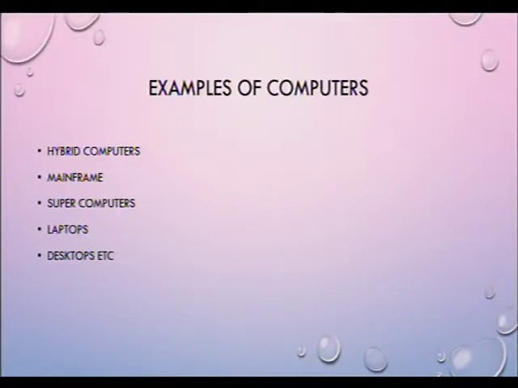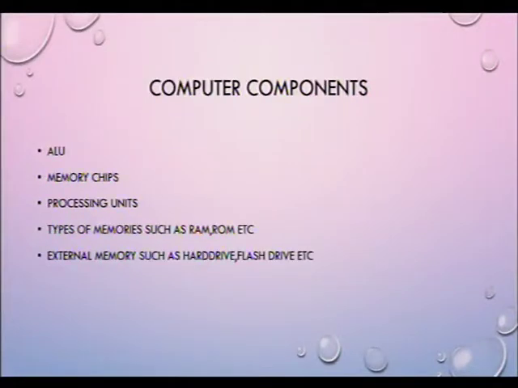We have mainframes and supercomputers. We have personal computers, these small computers that we use on desktops, which we call PCs for short. We have laptops and tablets. Even phones work as computers nowadays. Those are the different types.